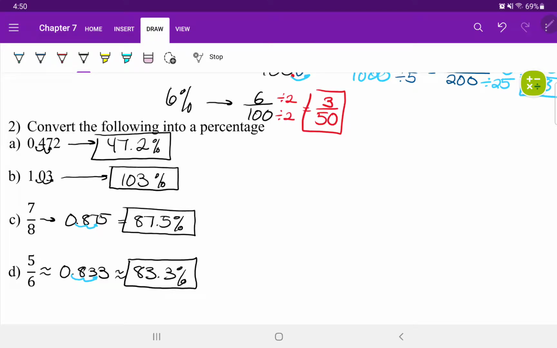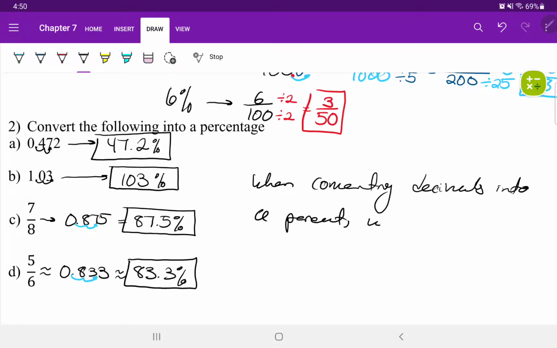I also want to write down a rule. When converting decimals into a percent, we can multiply the decimal by 100.